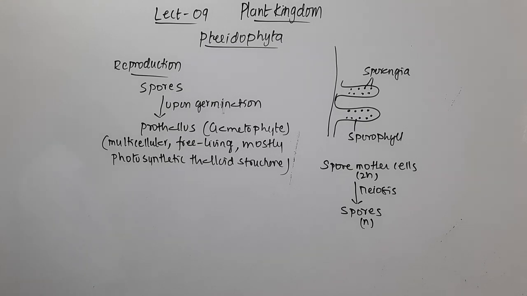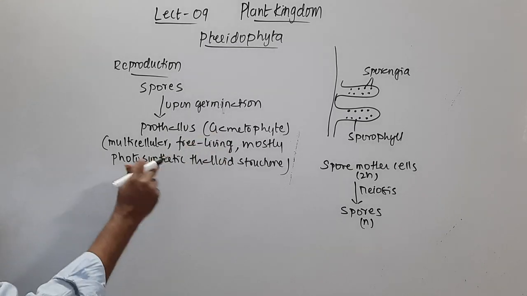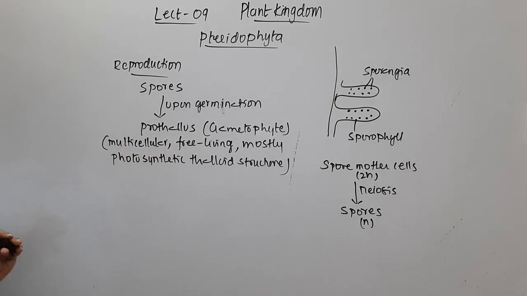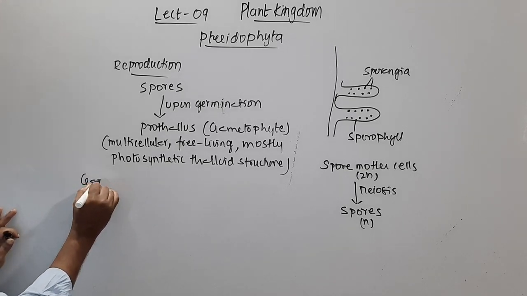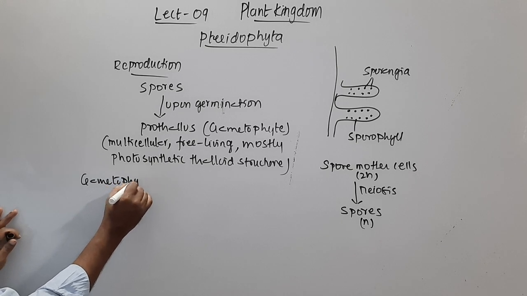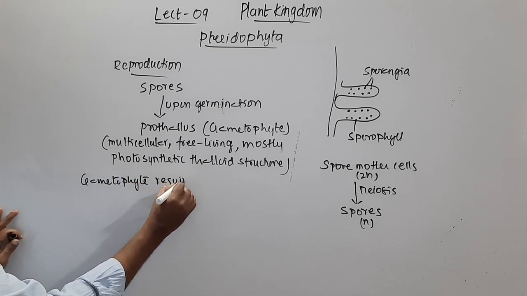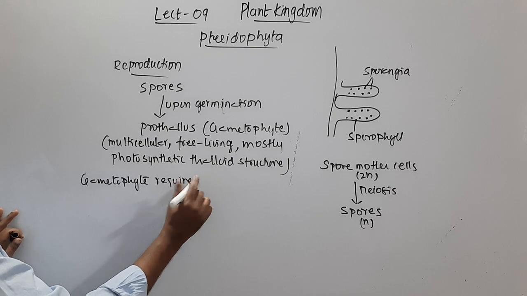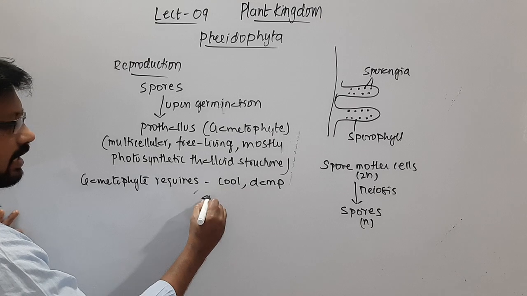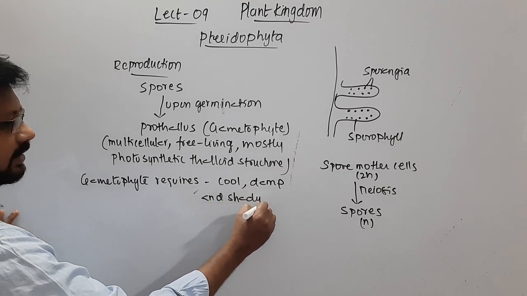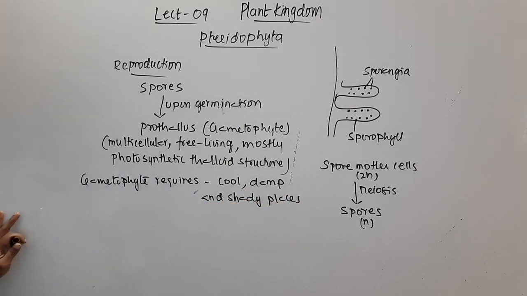Now for the growth of a prothallus, it requires cool, damp and moist, shady soils. So the gametophyte requires cool, damp and shady places for its growth.